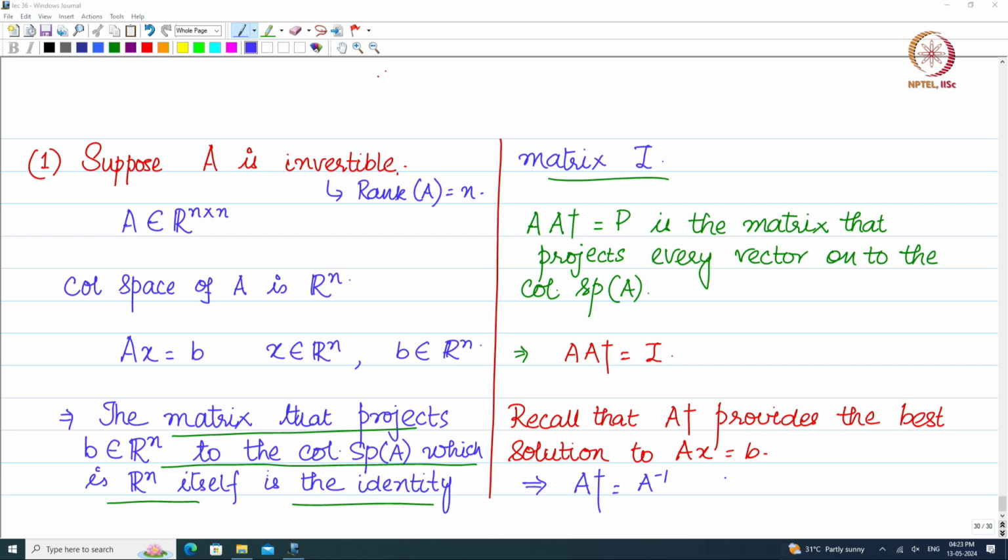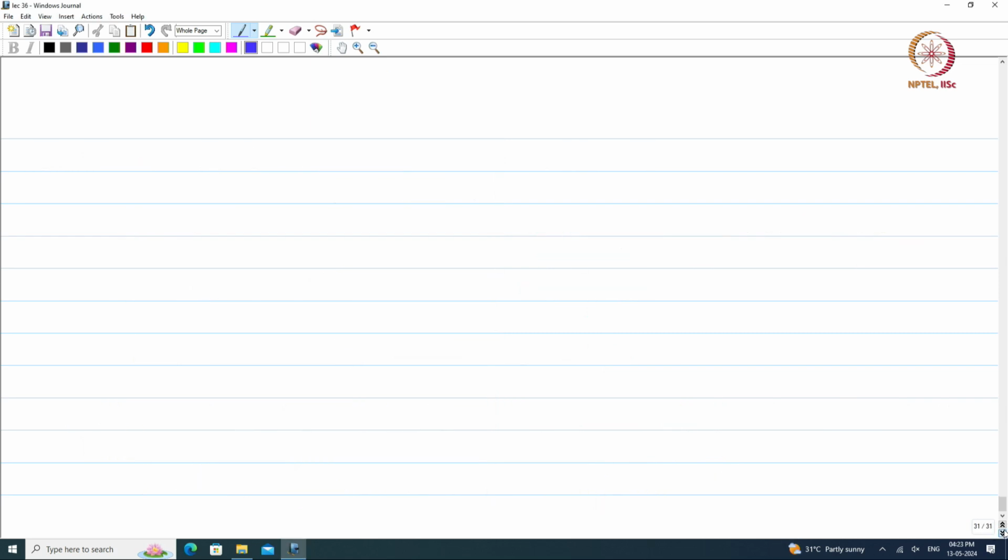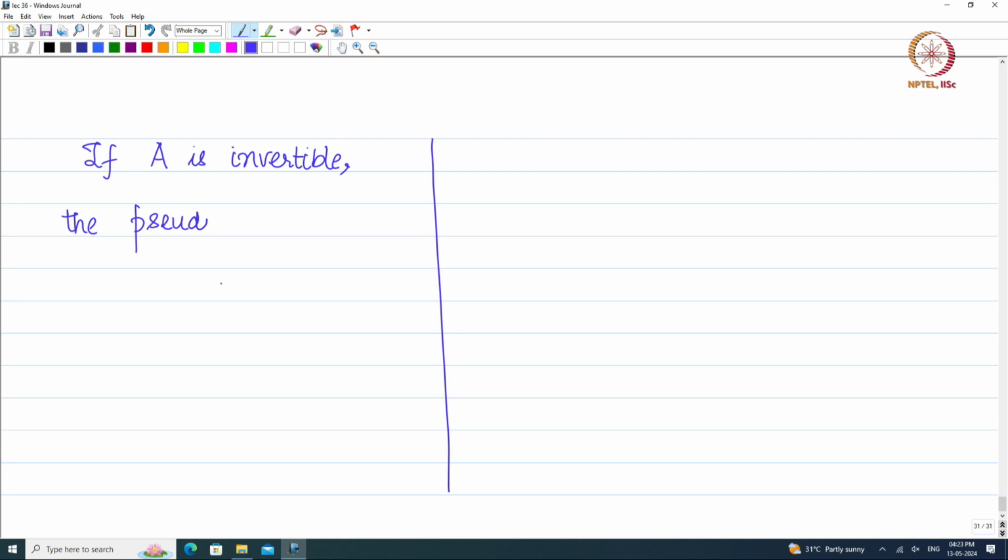So what are we going to say? If A is invertible, the pseudo inverse of A is the actual inverse of A, the inverse of A itself.